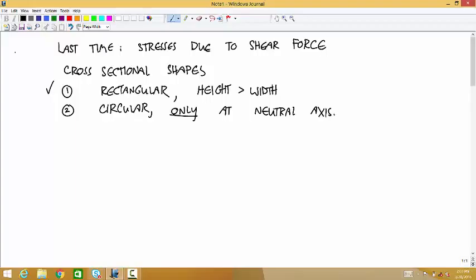Really the only reason that's useful in the least is because the maximum stress due to shear force occurs at the neutral axis. So sometimes if that happens to be all that you want, then it can be useful.